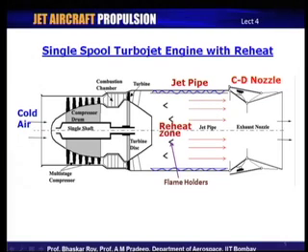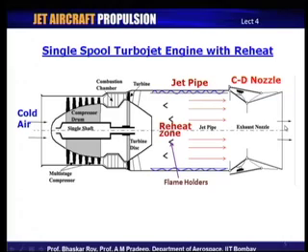That means the compression process right in the beginning of this kind of jet engine should raise the pressure to such high values that even after the turbine has extracted some of its pressure for doing work, it would still retain a high pressure through this reheat zone, and this high pressure and now high temperature gas can be released through the CD nozzle to create a high velocity jet.